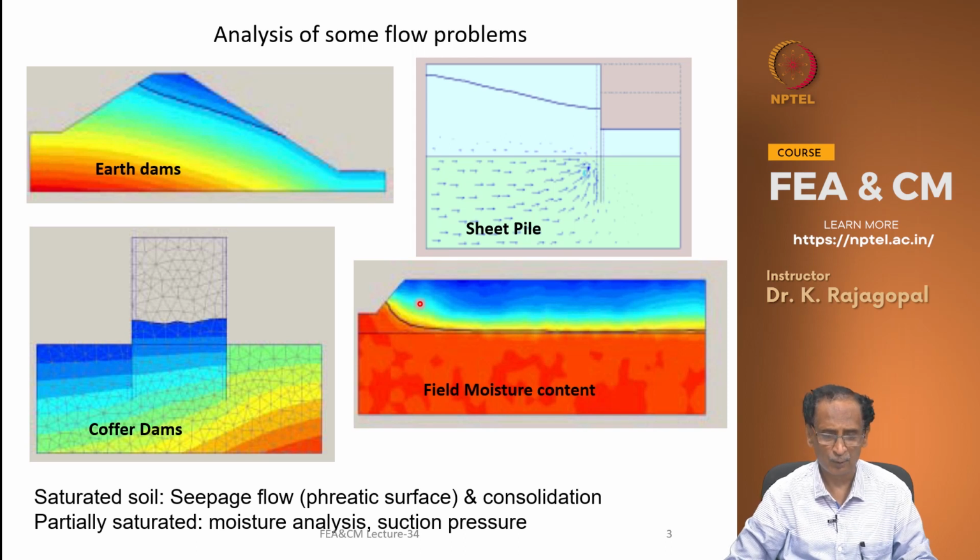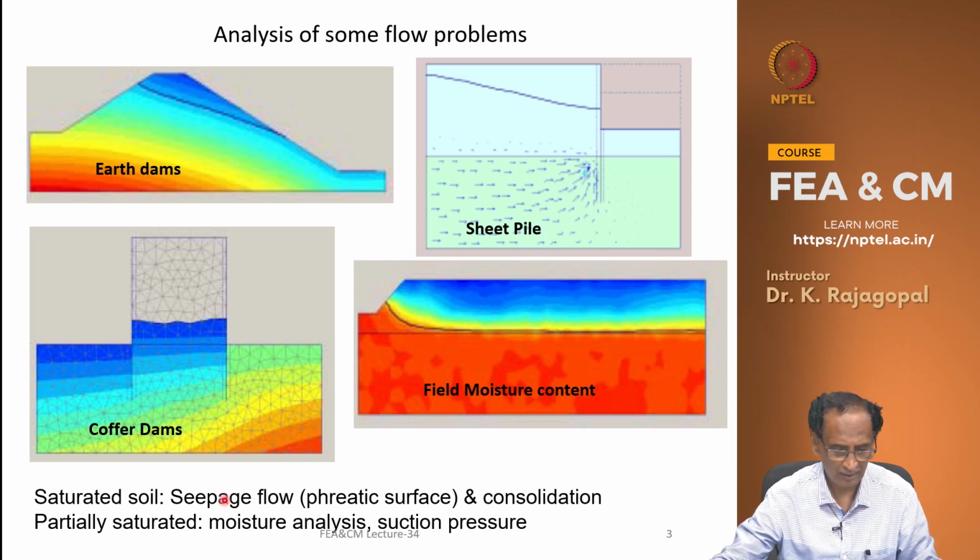Some of the flow problems are illustrated here: flow through an earth dam, flow around a sheet pile wall or a coffer dam, and moisture content determination in the soil. The first three are for saturated soils, the seepage flow, and of course consolidation.